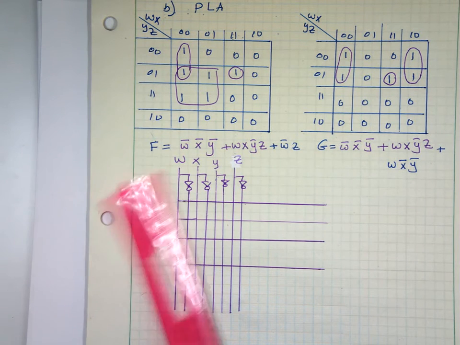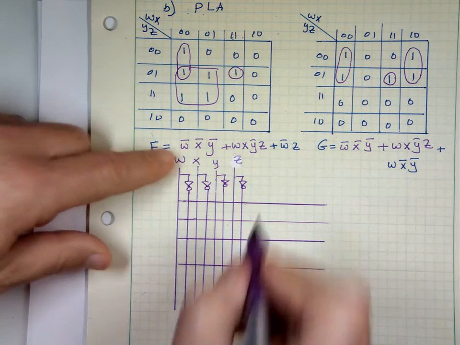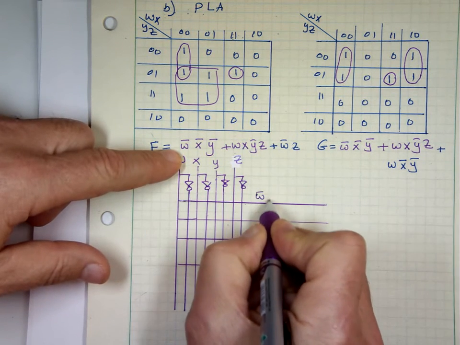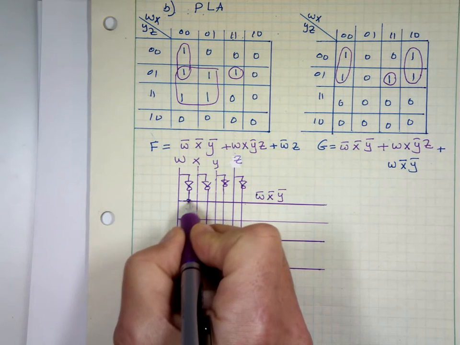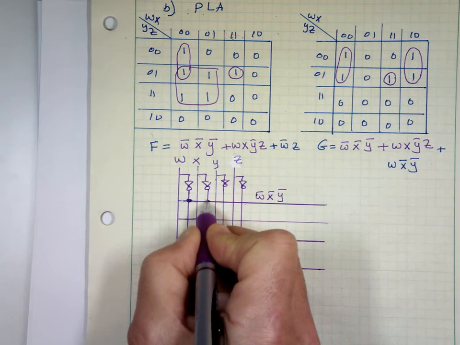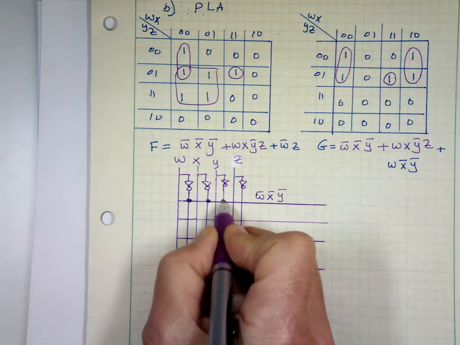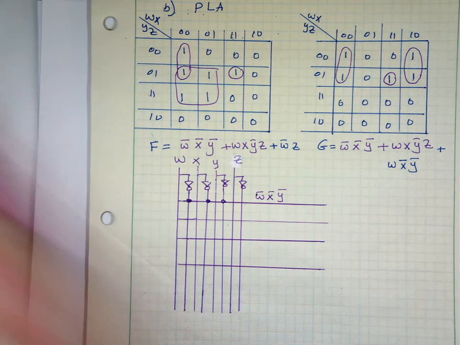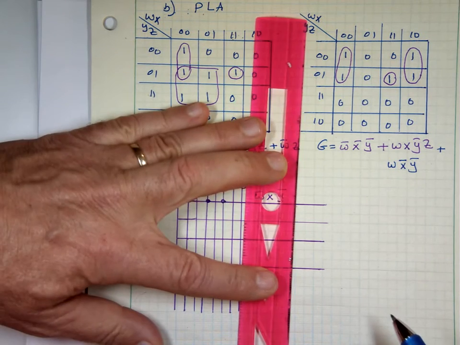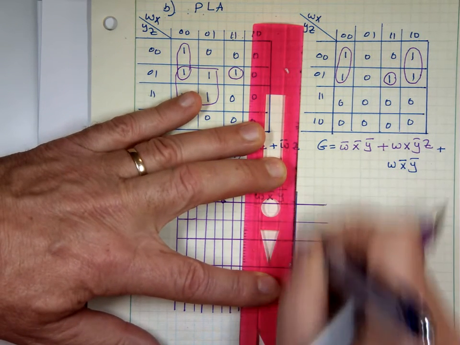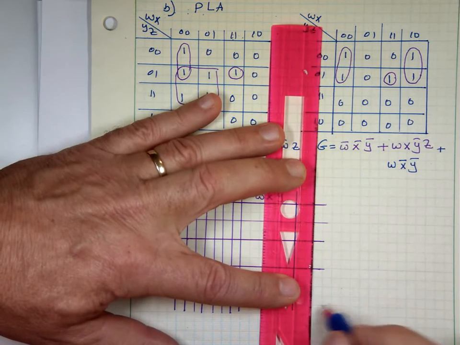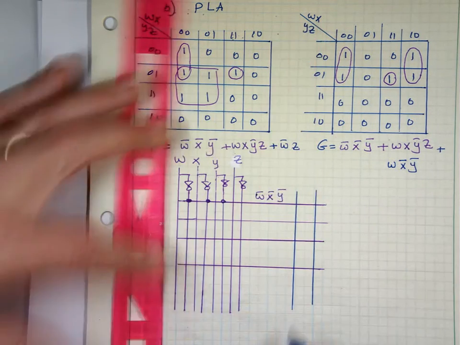So the first gate is going to be W bar, X bar, Y bar. And that's really going to both of these. I'll put F and G here. That gate is common to both.